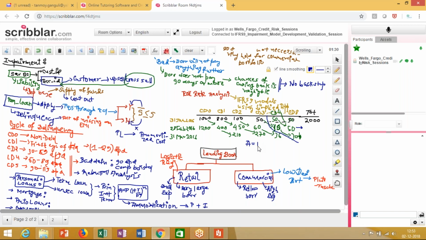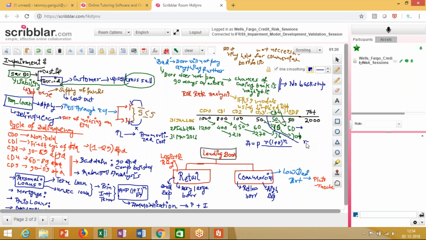the principal. P is the principal that I have borrowed, right? So this is the amount of loan that has been given out, divided by R into 1 plus R to the power of n. Over here, R is the rate of interest per period.